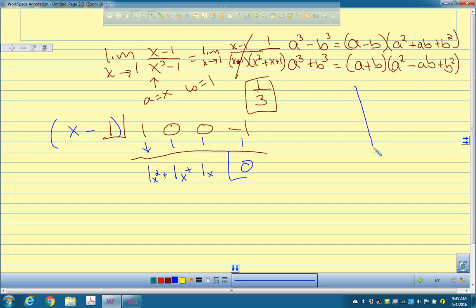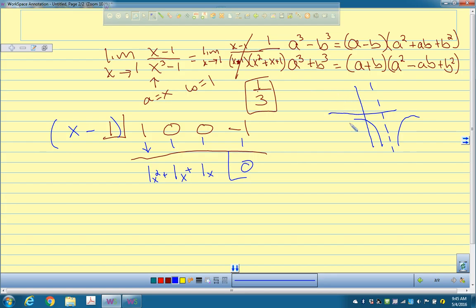So if I were to graph this, I'm not exactly sure what it looks like. If I graphed 1 over x squared plus x plus 1, let me guess, I'm guessing that it might look something like this. Is that right? It either goes that way or the other way.